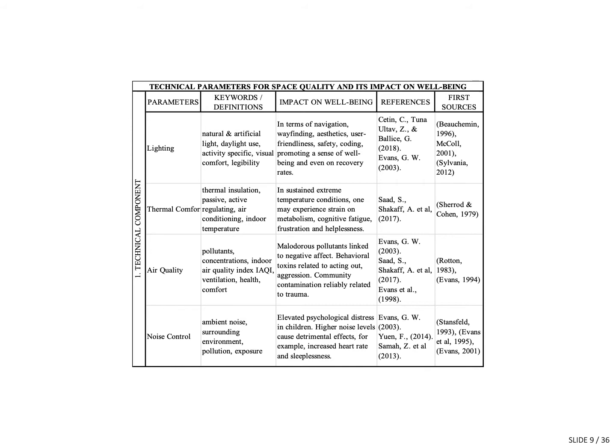Thermal comfort also has effects on metabolism. It can cause strain on metabolism, cognitive fatigue, frustration, and helplessness. Air quality can impact behavioral aggression, it can have negative effects, and it is also related to trauma. Noise control can affect elevated psychological distress, and it can cause increased heart rate and sleeplessness.